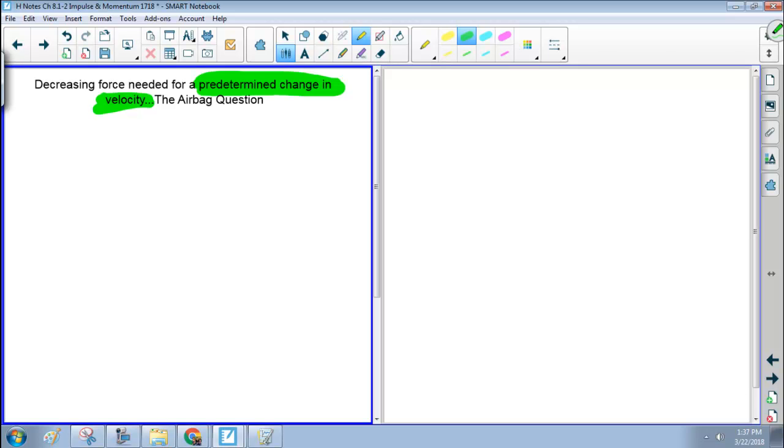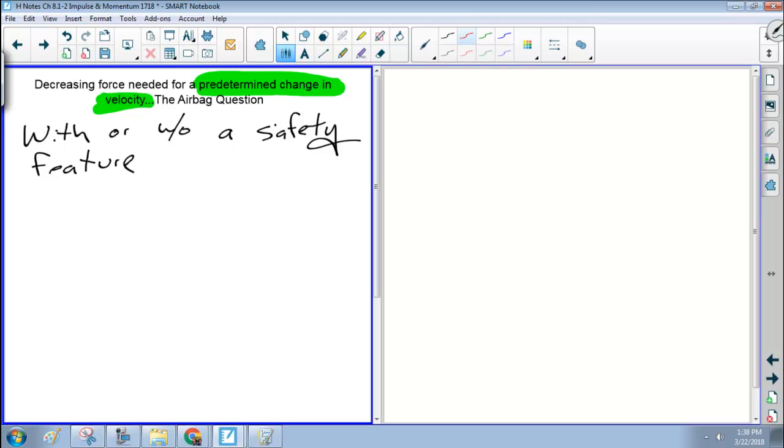Okay, so here is the deal. You should write this down. With or without a safety feature. Do you guys know what I mean? I'm speaking in generic terms here. Are you all cool with what I mean when I say safety feature? It's the pillow versus the cement, the airbag versus the steering wheel. We'll talk about some others in a minute. So with or without a safety feature, the object will have the same change in velocity.